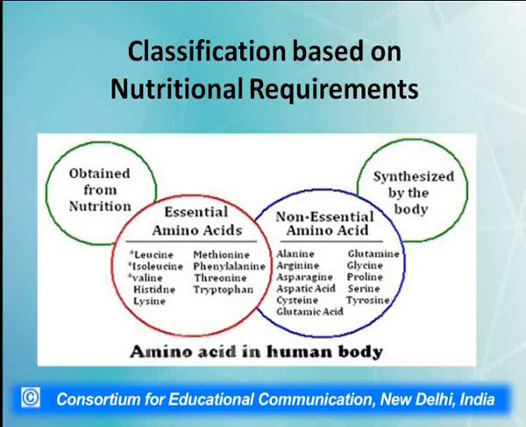These are the amino acids which our body can synthesize from some other precursors. As I told you, tyrosine can be made from phenylalanine. Similarly, these amino acids can be made from one of the precursors. So let us see what the essential and the non-essential amino acids are.